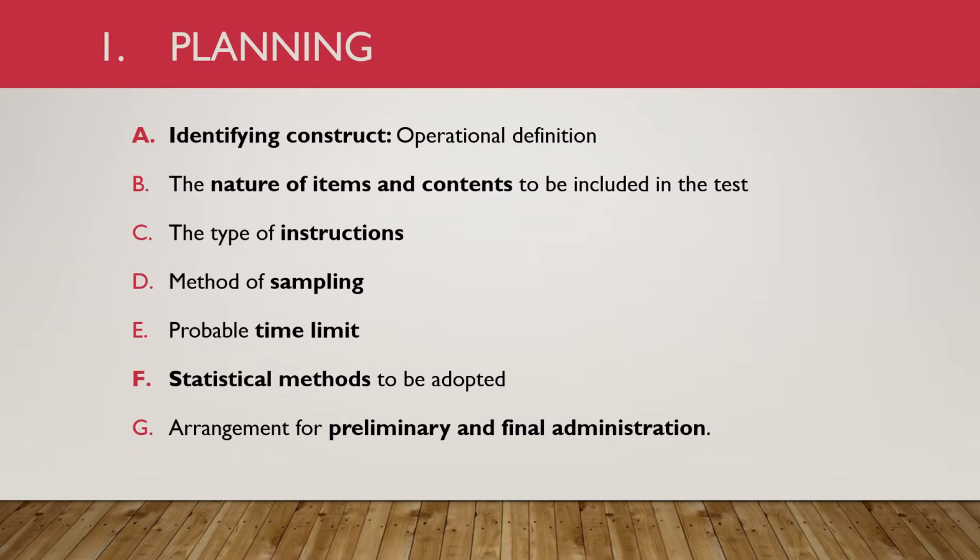It may be verbal, non-verbal, gestural, or pictorial. You also have to decide the method of sampling, what population you are developing the test for, the time limit you want to give your subjects, and the statistical method you want to opt for reliability and validity.